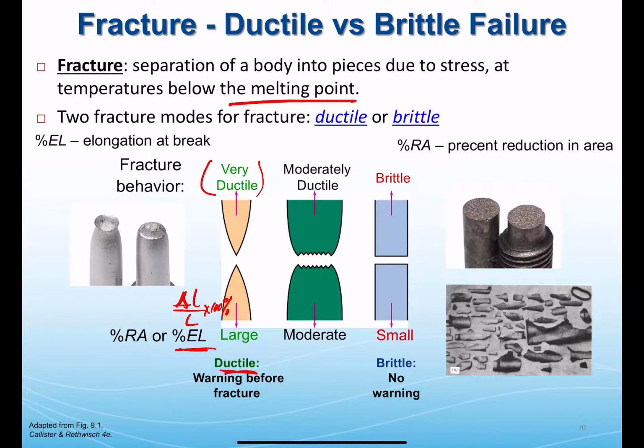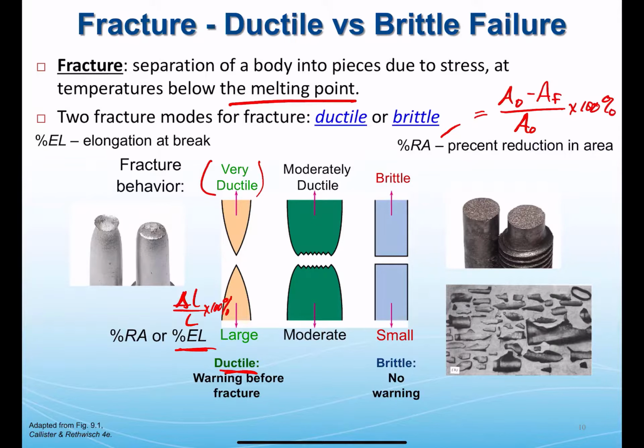Percent reduction in area, if you recall, is calculated as A minus A at failure, so the original cross-sectional area minus the area at failure, divided by that original cross-sectional area times 100%.